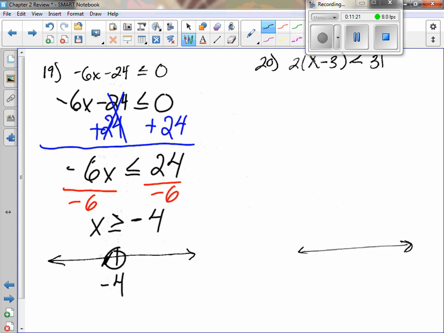Now, because it's equal to, we will fill this in. Now, since it's saying x is greater than negative 4, we shade to the right.